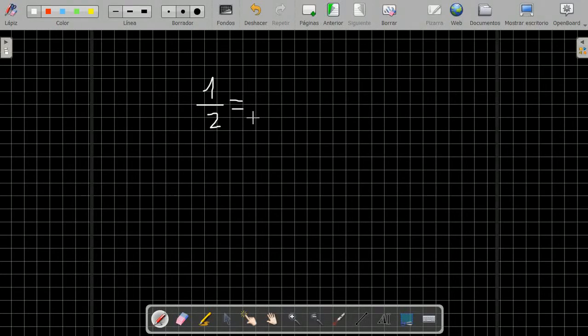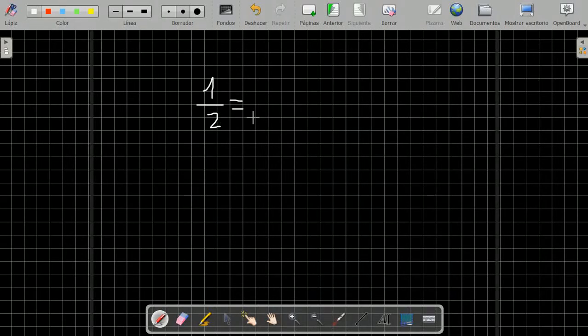Let's suppose that we have to convert a half to a percentage. We already know that a half is equal to 50%, but how can we do that? Okay, the most important thing that you have to do is ask the denominator by what amount multiplied will give you 100.